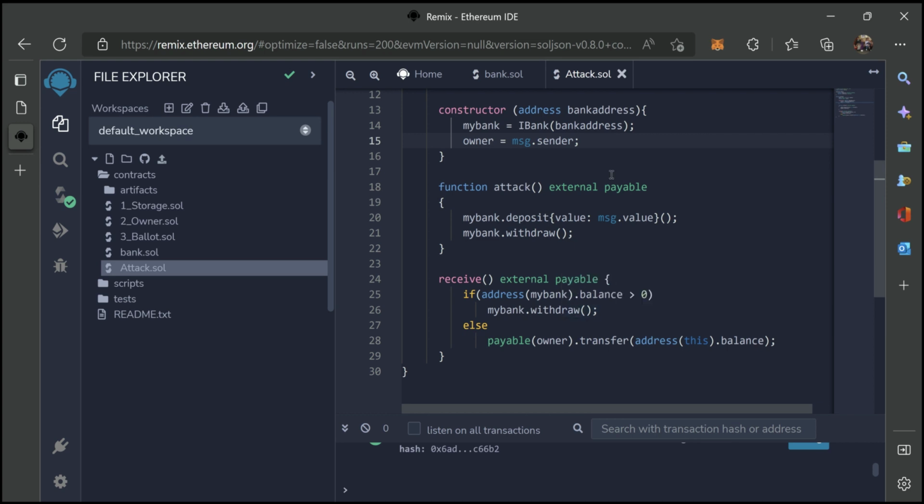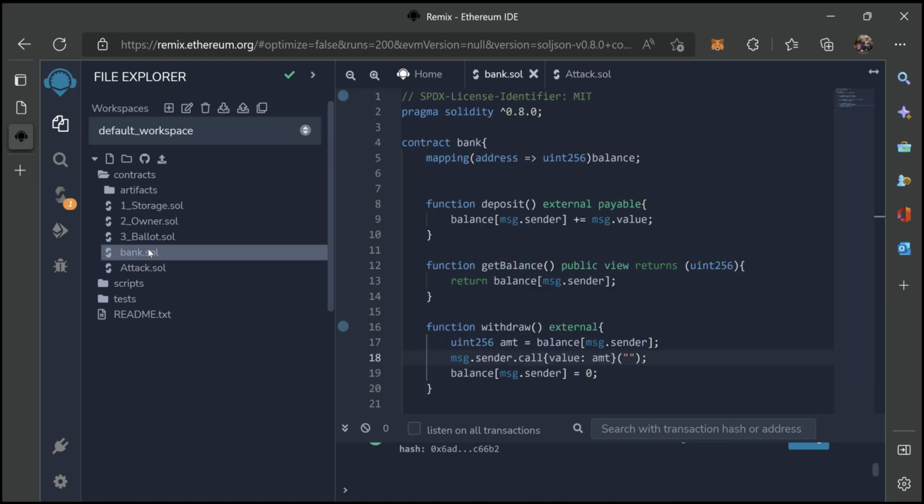So this withdrawal is going to call, and then that leads to a second call of withdraw, and then again it's going to send the 10, because the balance is still 10. We didn't do line 19 yet, so it's going to check this and call that transaction to send Ethereum to attack again.